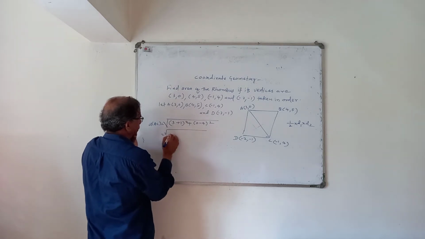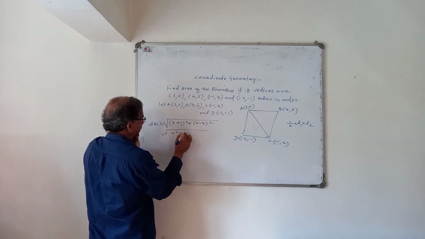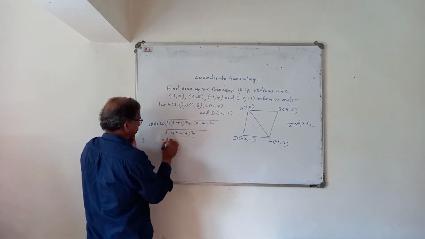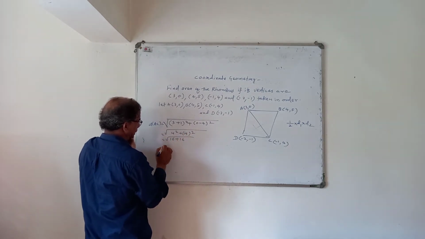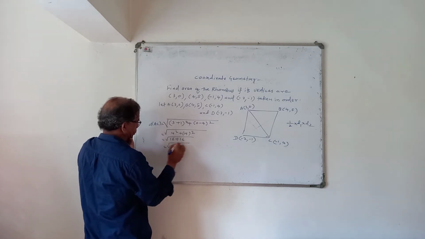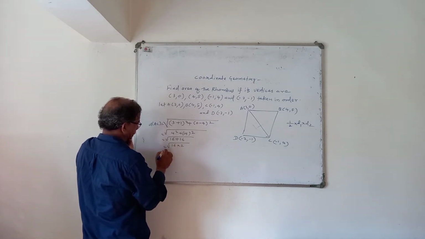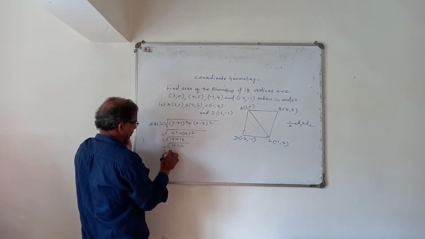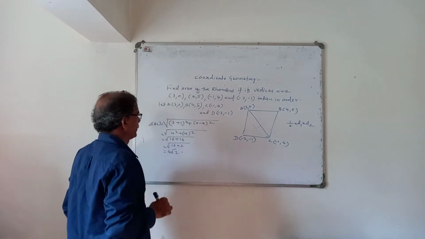That is root of 4 square plus minus 4 square, root 16 plus 16. That is root of 16 into 2, and root 16 means it is 4 root 2.